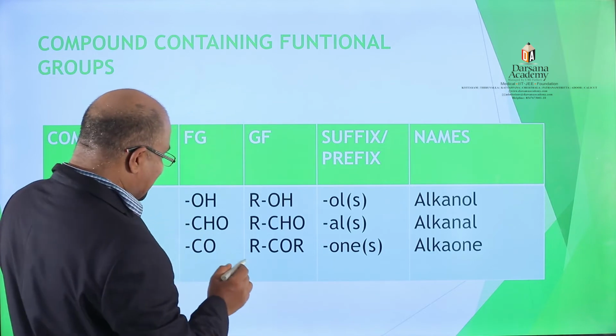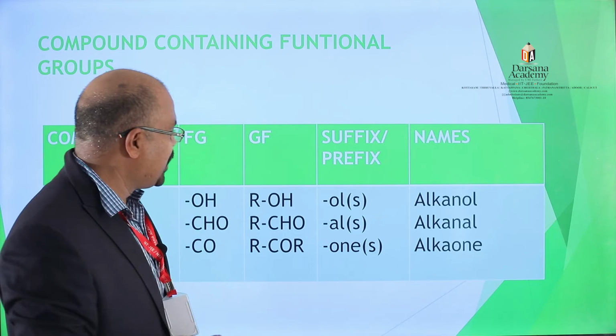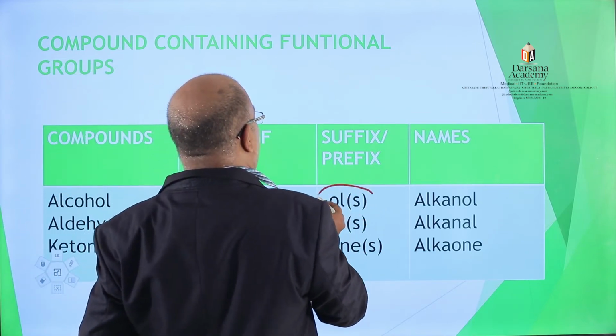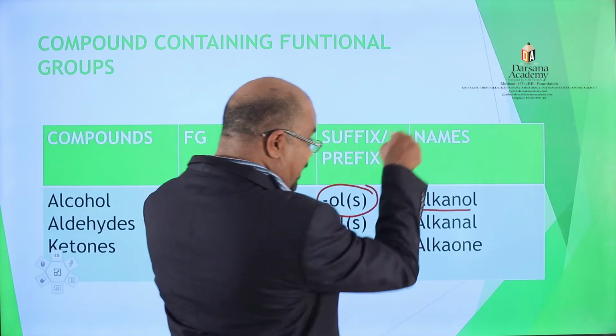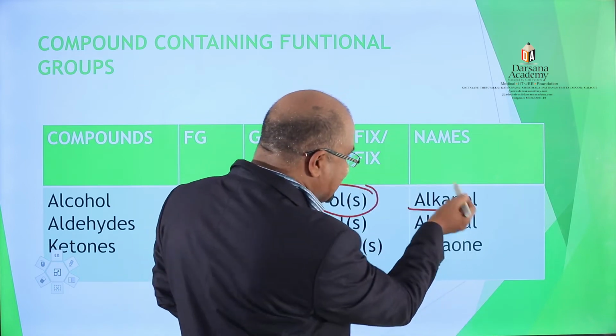When we consider a secondary suffix, there is a secondary word also. In the case of alcohol, the secondary suffix is OL, and the name of the compound is alkanol. What is happening here? The E of the alkane is dropped and OL is added.